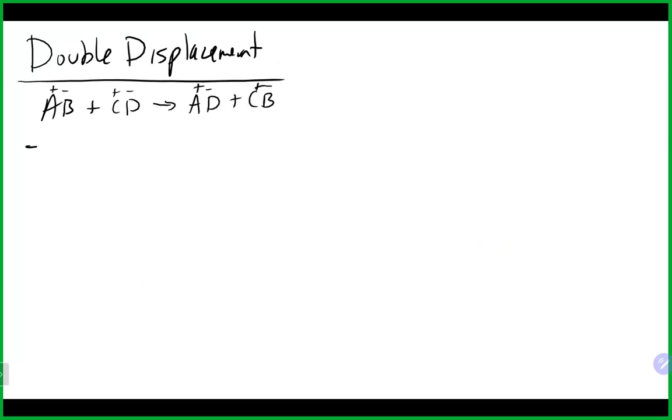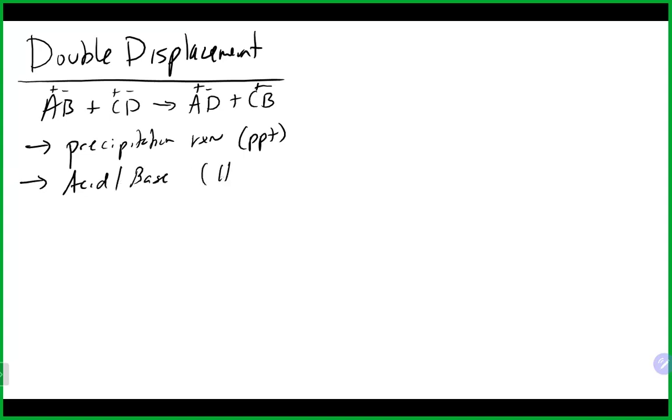We have more specific classifications of precipitation reactions, where we make a solid or a precipitate, and acid-base reactions, where we make water, basically acid-base neutralization reactions.